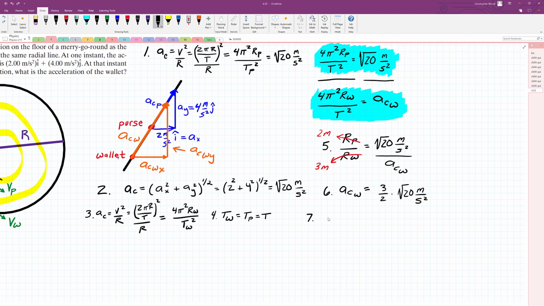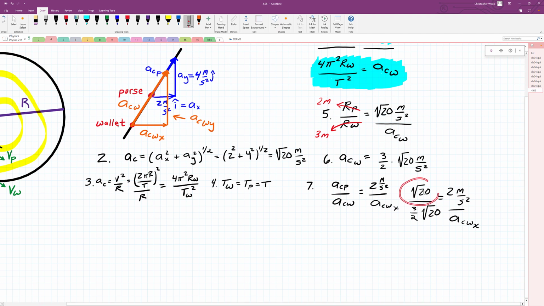So from a similar triangle perspective, a_CP is to a_CW as 2 meters per second squared is to the x component of the wallet's centripetal acceleration. a_CP is the square root of 20. a_CW is 3/2 times the square root of 20. So from here, it's pretty easy to solve for a_CWX, the x component of my wallet's centripetal acceleration.